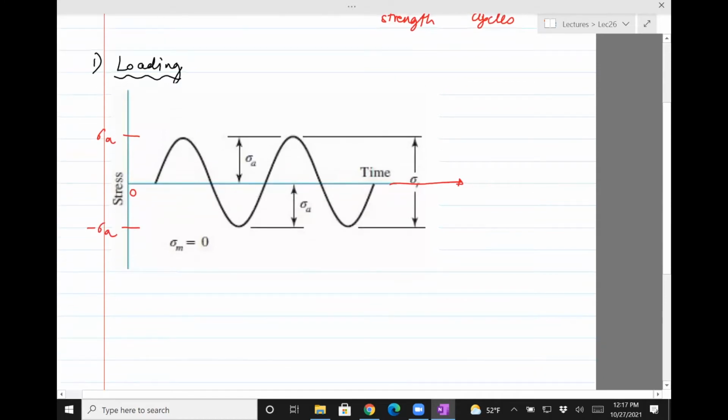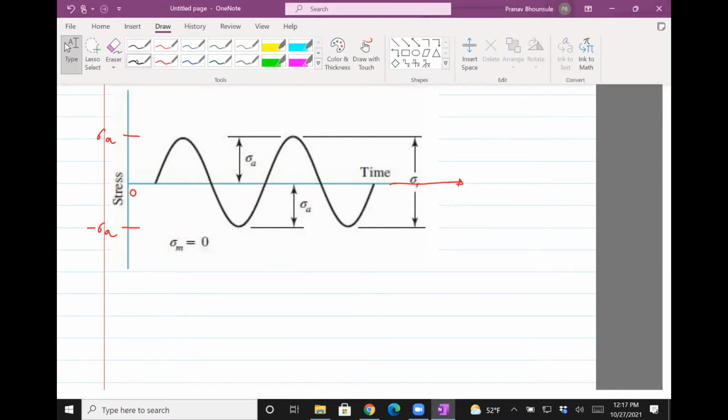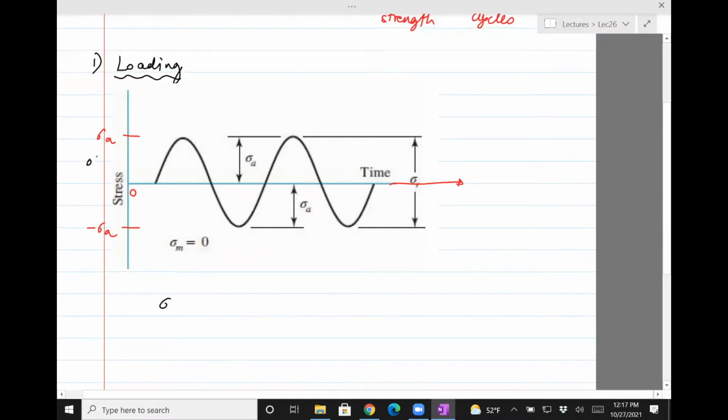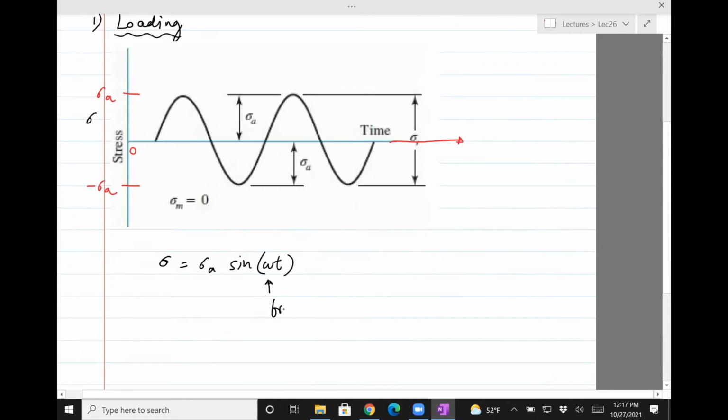When you load the material, the stress goes between a positive value and a negative value in a cyclic way. You could have whatever you want for sigma. So this is stress. You could, for example, write it as sigma A sine omega t, where omega is some frequency, t is time, and sigma A is the amplitude.